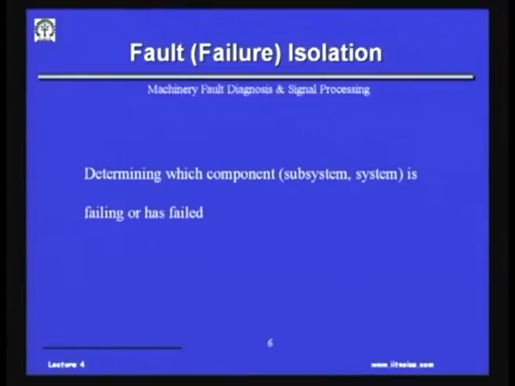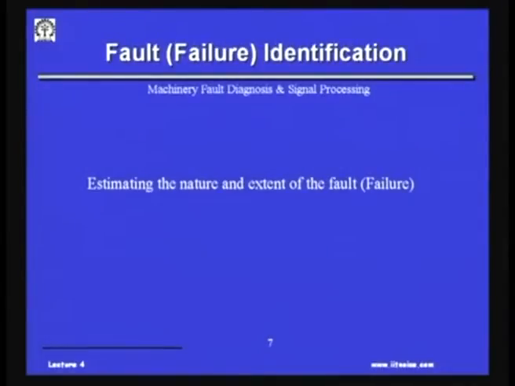And next is fault or failure isolation, determining which component, subsystem or system is failing or has failed. Next is fault or failure identification, that is estimating the nature and extent of the fault.